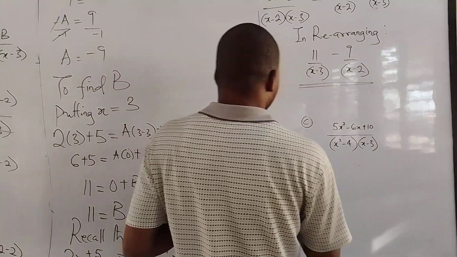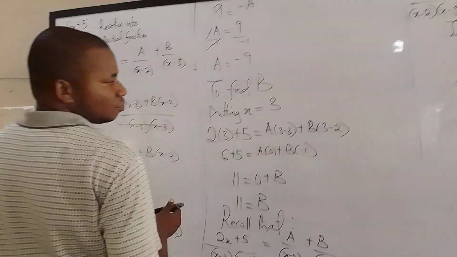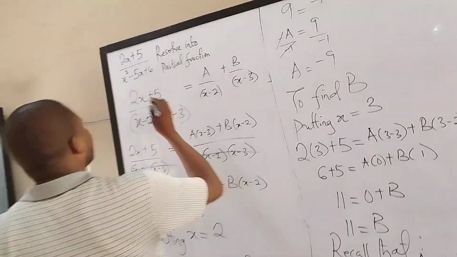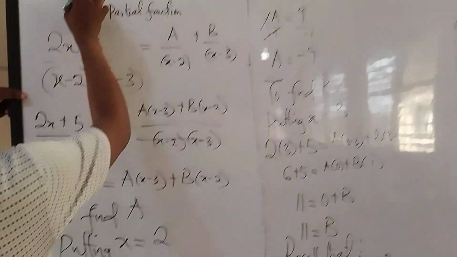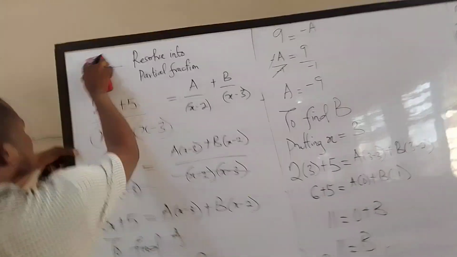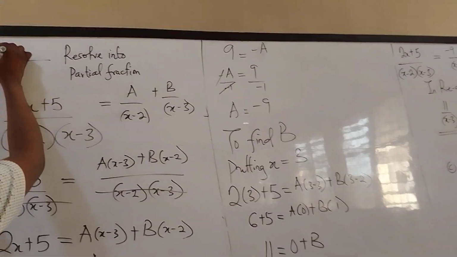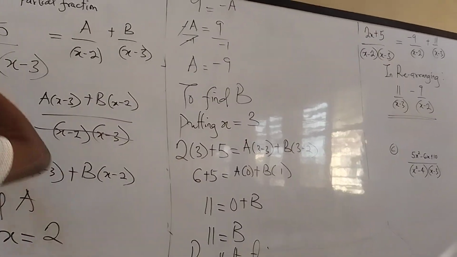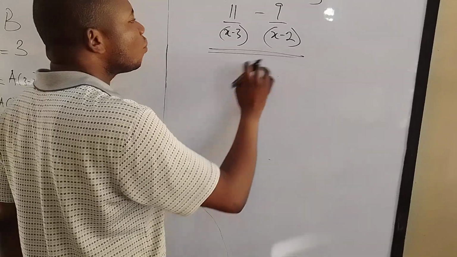Okay, let's still check it out if you wish. I have 5x squared minus 6x.